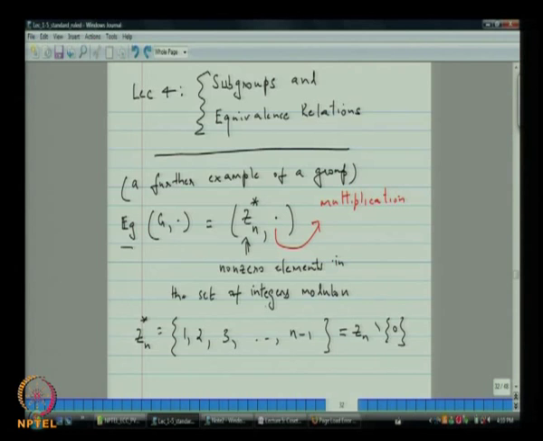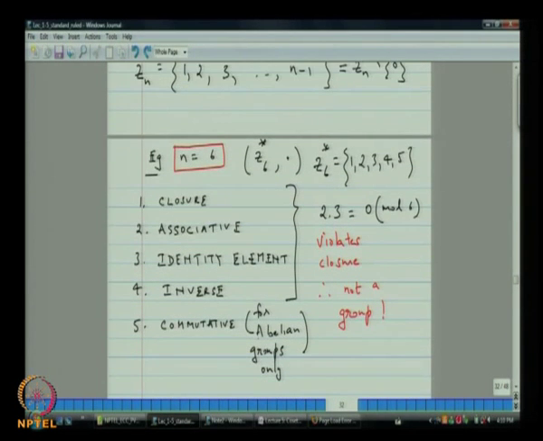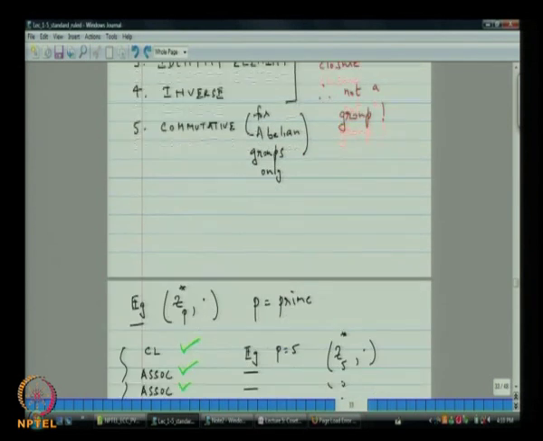So we talked about subgroups and equivalence relationships. We said that you don't have to test for all the axioms.